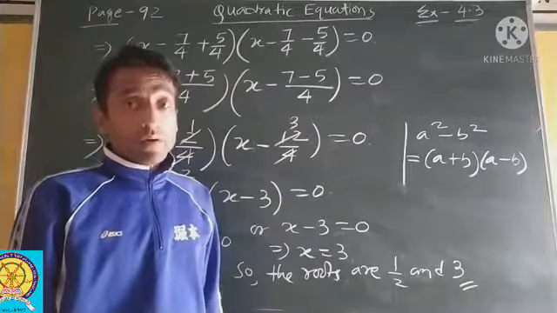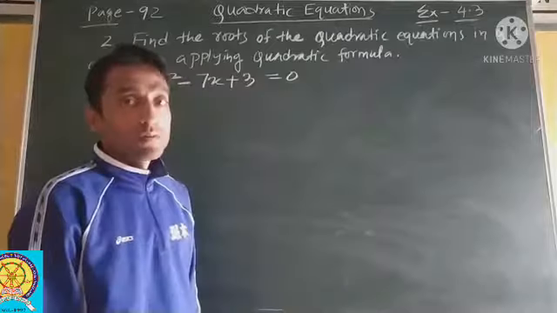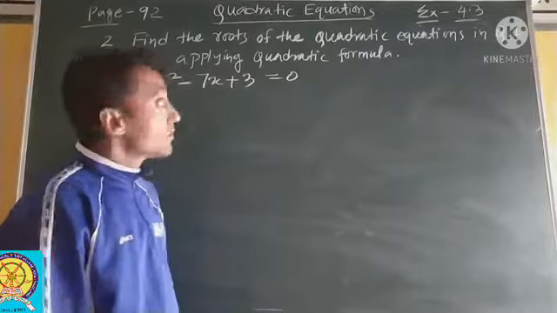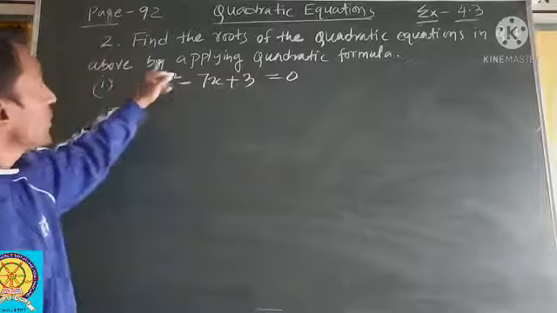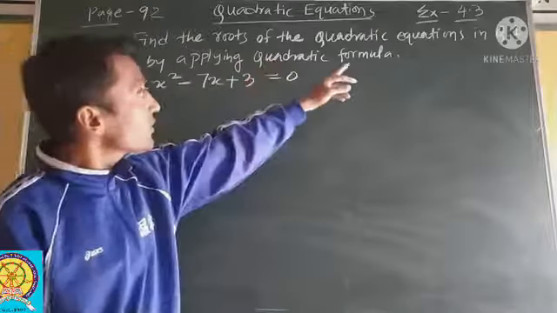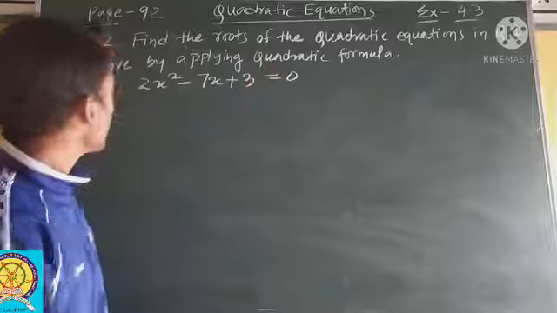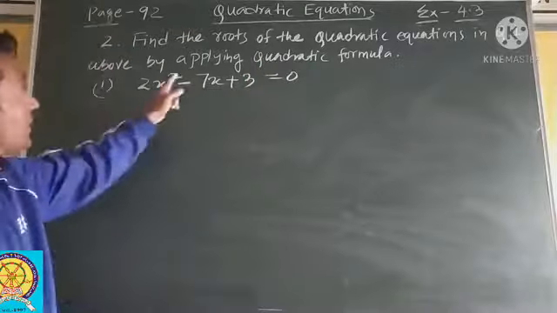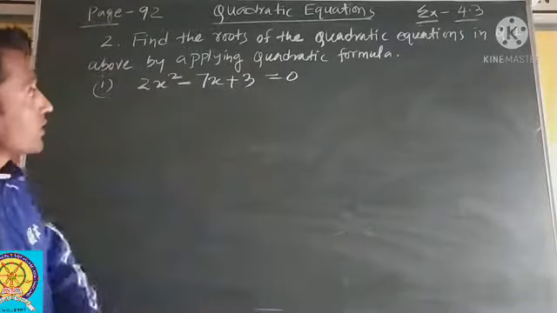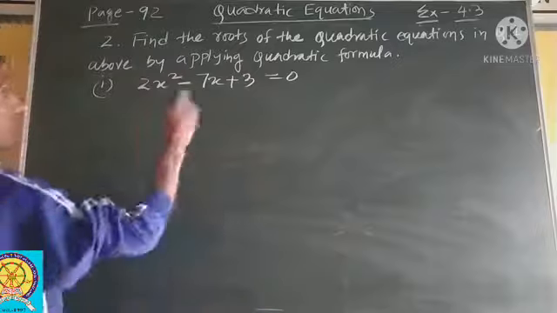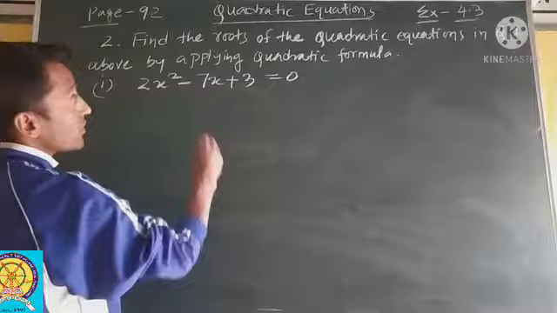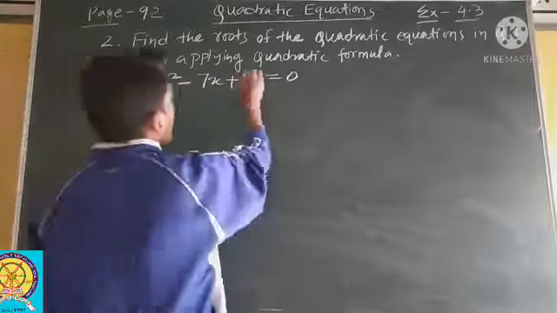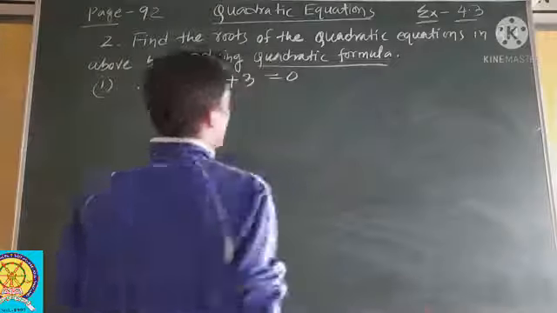Now we will go to the next question. Now we will do question number 2. Find the roots of the quadratic equation in question number 1 above by applying the quadratic formula. So in question number 1, the question is this one. The same question we have to solve by applying the quadratic formula now.